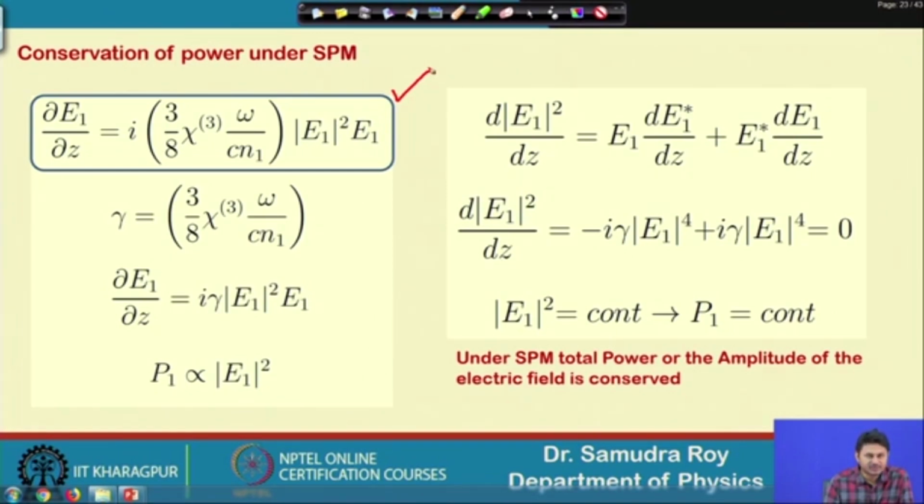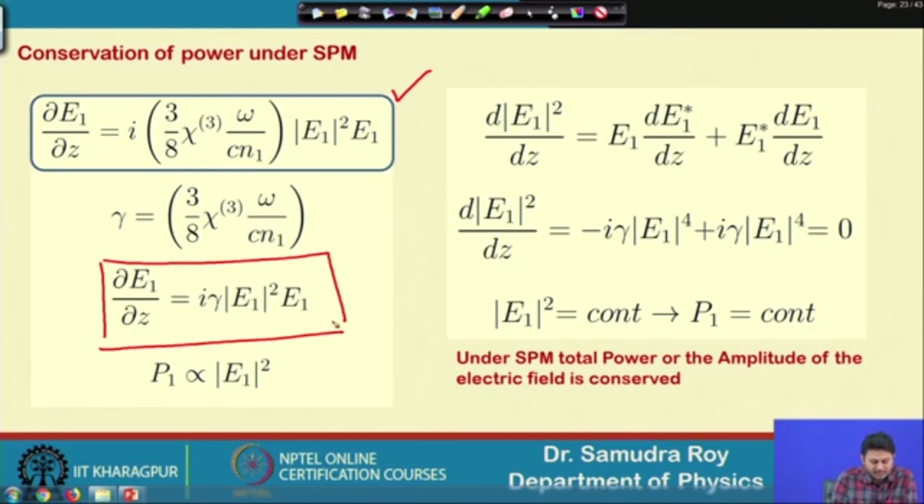If I define this 3 chi 3 omega divided by 8 c n1 as gamma, we have a straightforward expression, which is del E1 del z is i gamma mod of E1 square E1. This is the differential equation for self phase modulation.